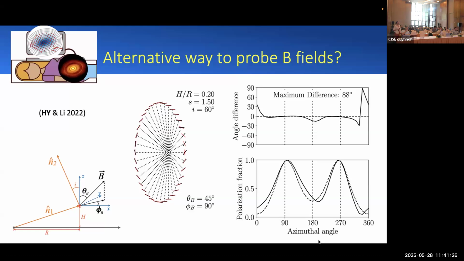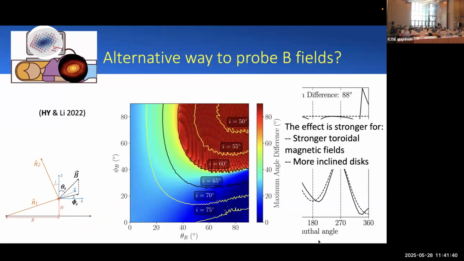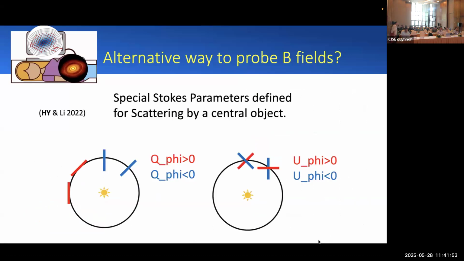In this somewhat extreme case, the inclination angle is 60 degrees and phi_B is 90 degrees, which has a large toroidal component, and you see the polarization reversal, with polarization being perpendicular to the radial direction. So this effect is more efficient for a toroidal B field and for more inclined systems.